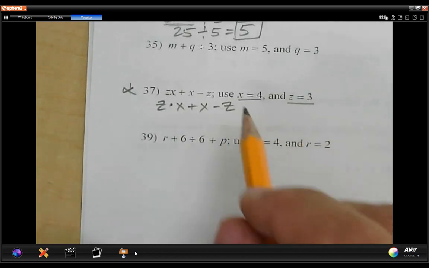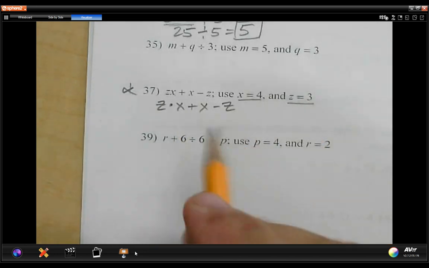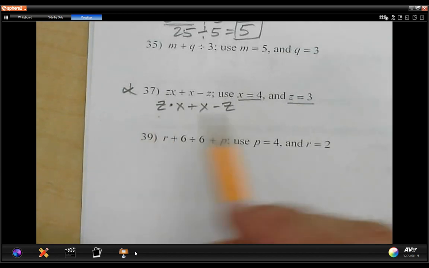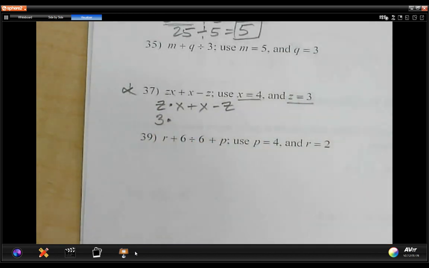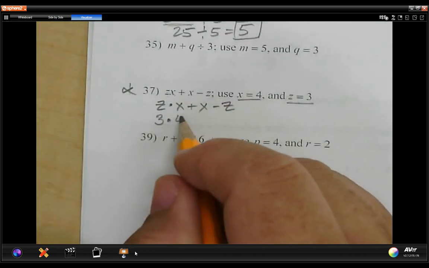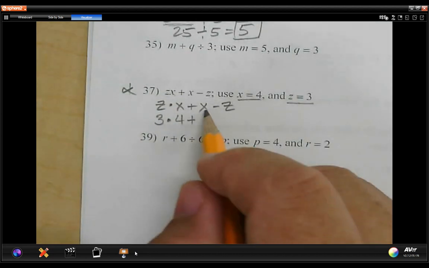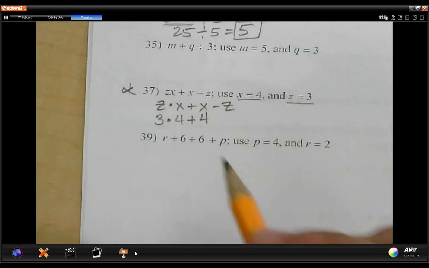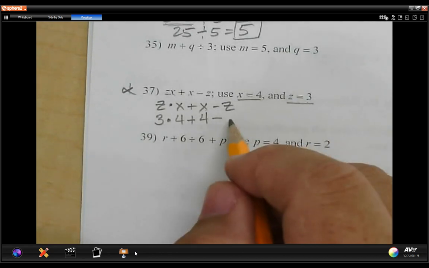So everywhere I see those letters or variables, I'm going to put in those numerical values. So let's start at the beginning. z equals 3. So I'm going to put a 3 right there. Just bring down my sign, which is multiplication. x equals 4. So I'm going to put that there under x. Plus x, which again is 4, minus z, which again is 3.